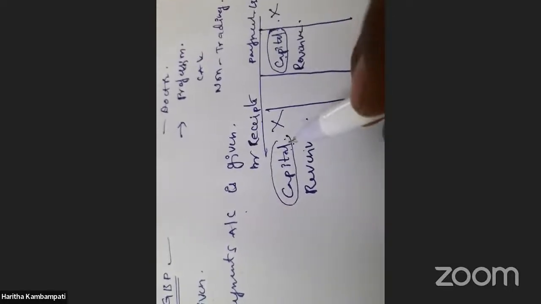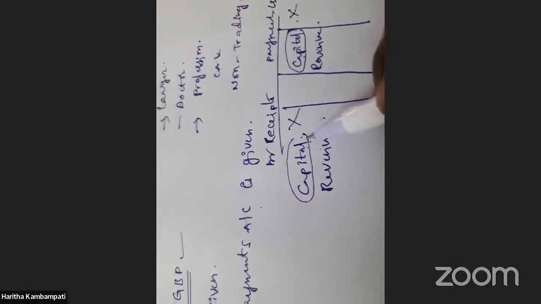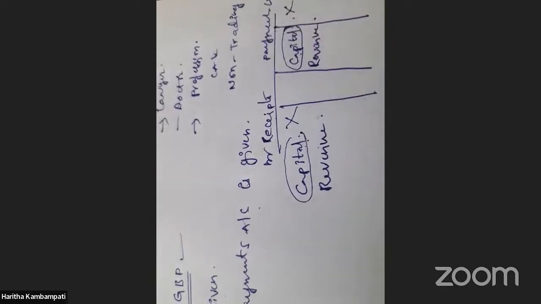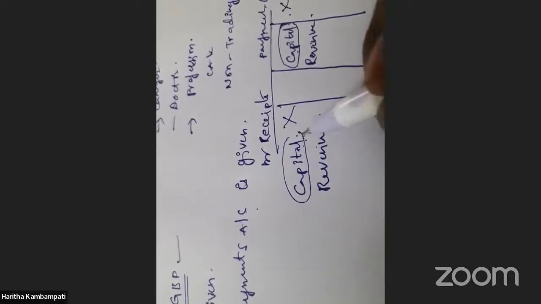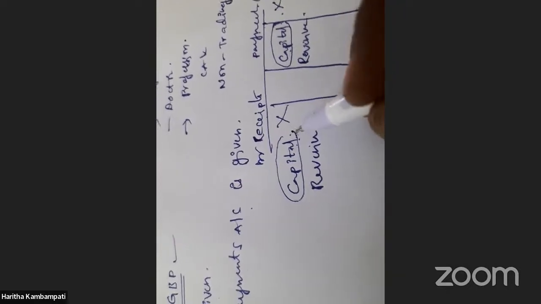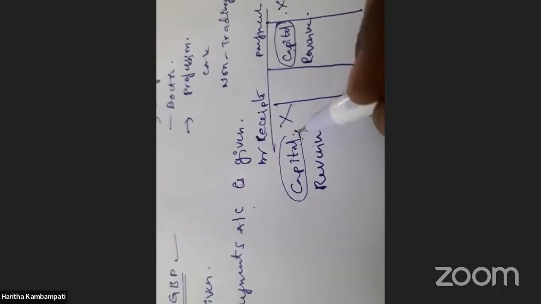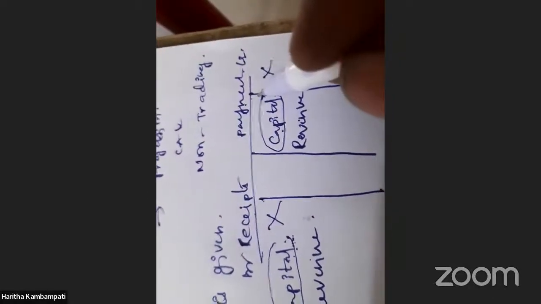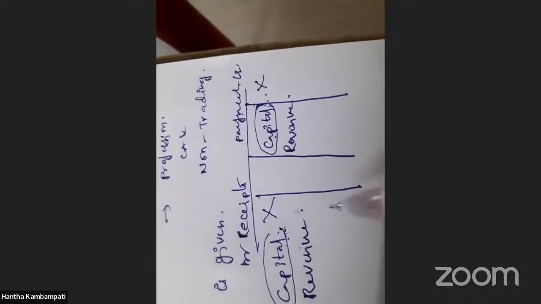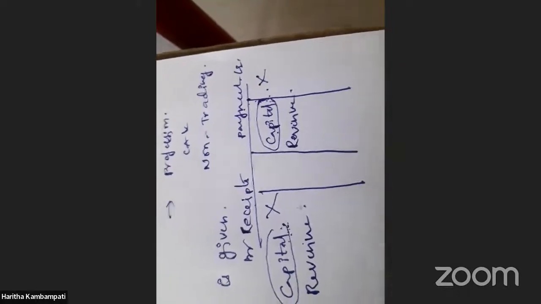Whatever capital receipts were given in the receipts and payments account, we should not take into account while computing the taxable income. Likewise, we should not take these capital payments while preparing the statement. Let us see how it is going to be.